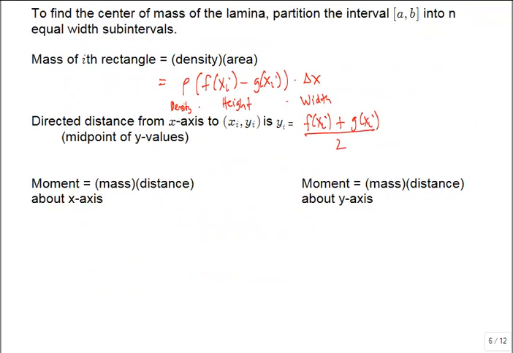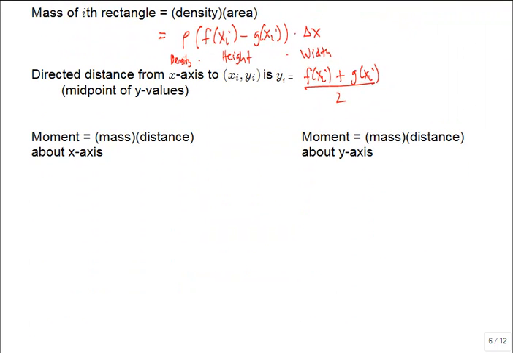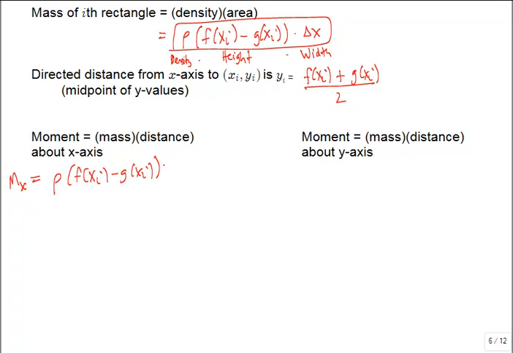So how do we get the moment of this system about the x-axis? Well, we're going to take the mass of our rectangle times its distance from the x-axis. That's what a moment is. It's a mass times a distance. So if I do that here, and this again is about the x-axis, it is going to be my mass, which is given by all of this: the density times the height times the width.